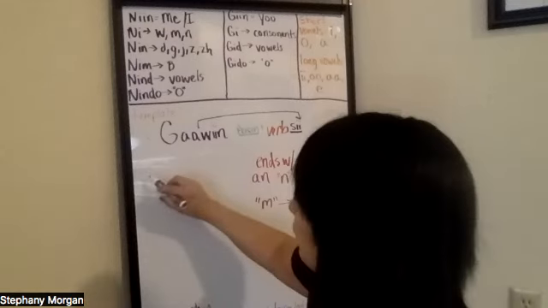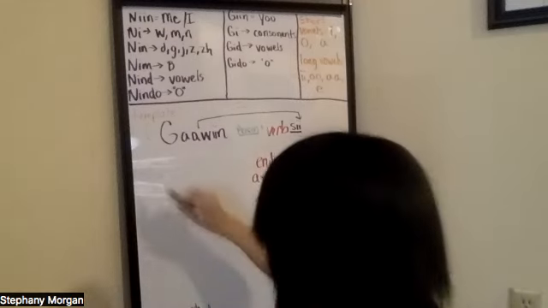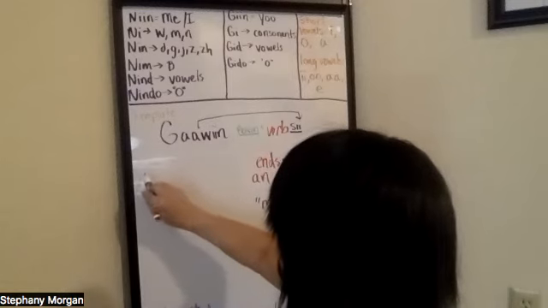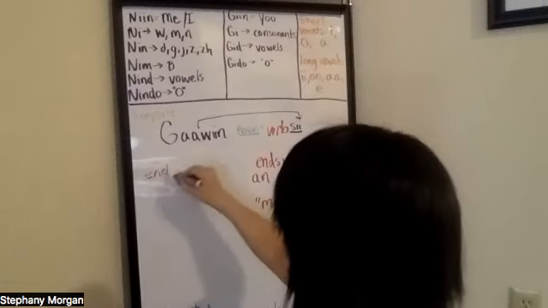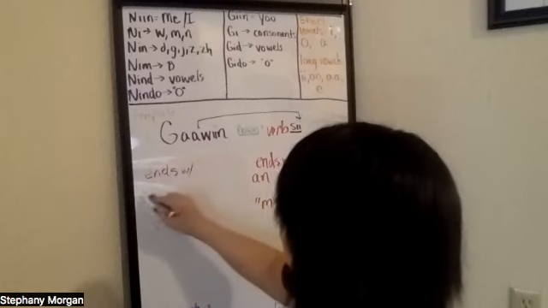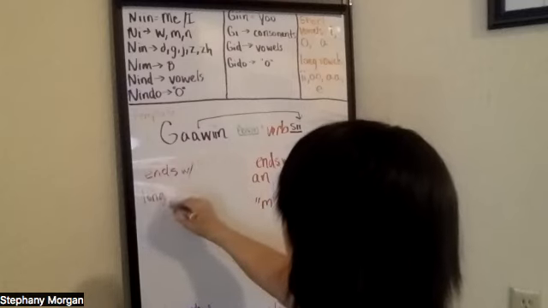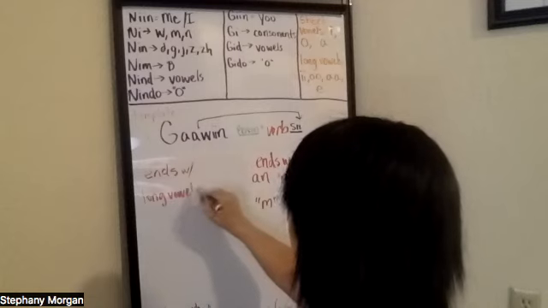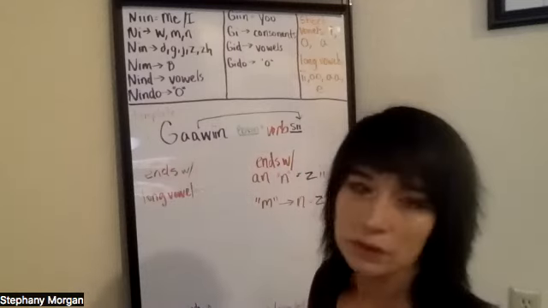If the verb ends with a long vowel, we don't have to do anything to it. You just use seen.